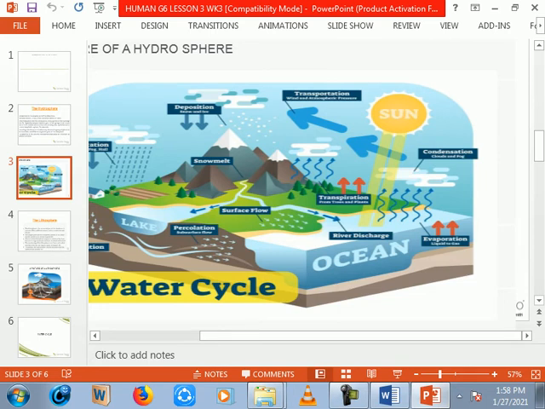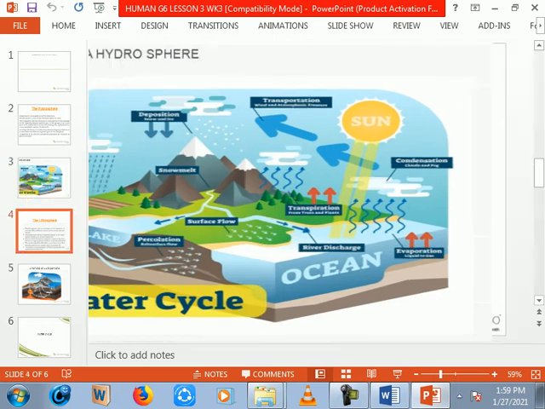This would be a topic on its own, because it's the water cycle, how water works, how we can say the formation of rainfall, because water comes from the rain. So this one on its own is going to be a lesson, but in short, this is the shape of the hydrosphere, and the hydrosphere is one of the components of the environment. I will explain much more on this in our next lesson.